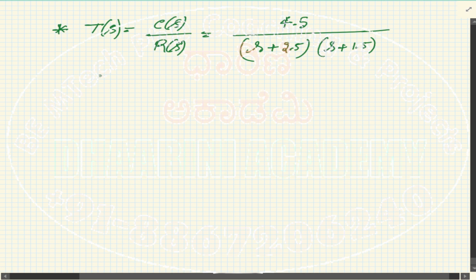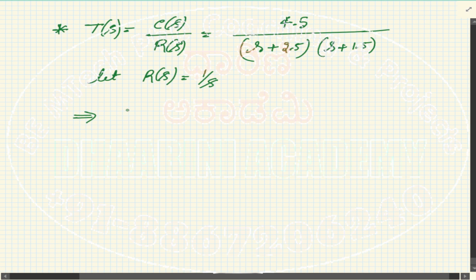And let the input R of S be 1 by S. It's obvious that I'm giving a step input.